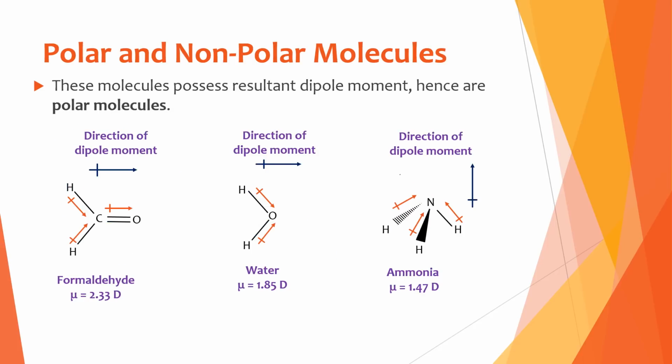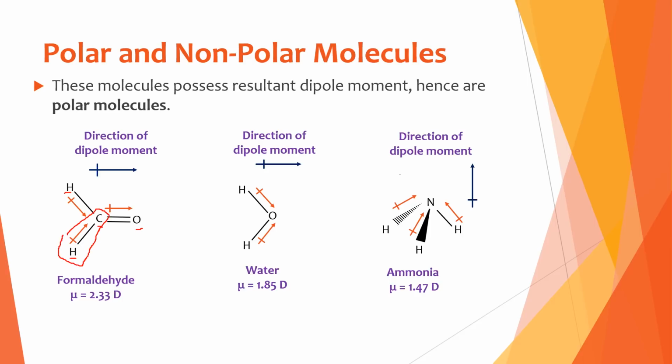A molecule is considered polar if the molecule possesses a resultant dipole moment. So what does it mean by a resultant dipole moment? For example, you have formaldehyde. For formaldehyde, the carbon will become the central atom and the oxygen and two hydrogens will become the side atoms. For both the carbon and hydrogen atoms, the bond is a polar bond.